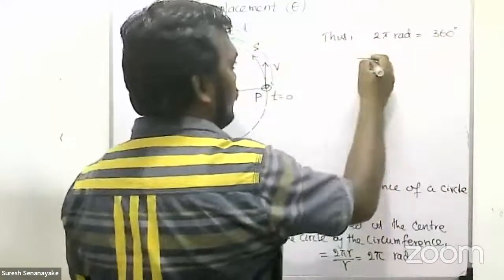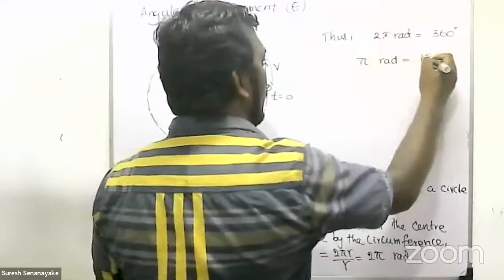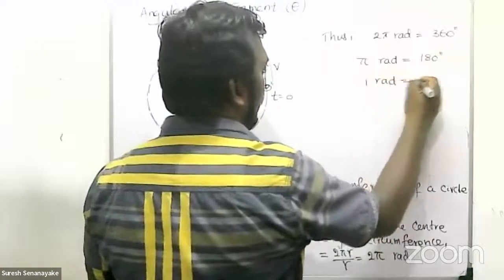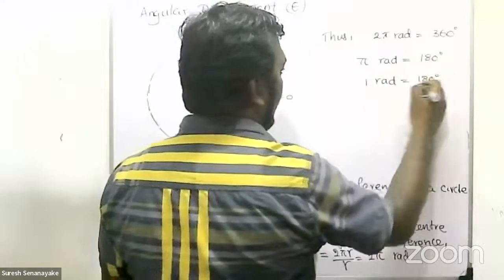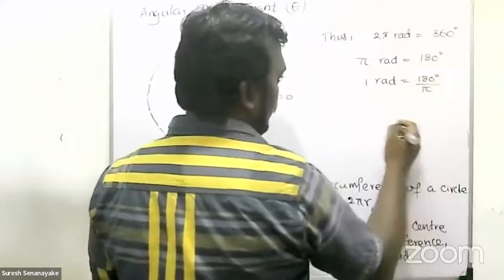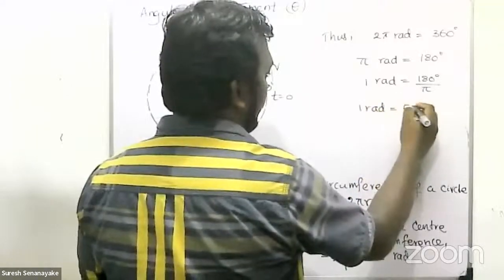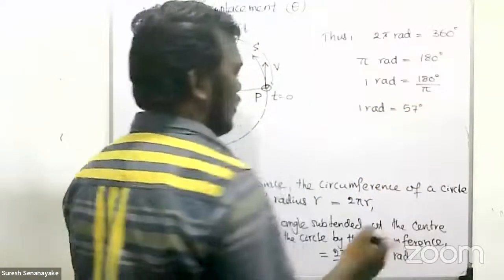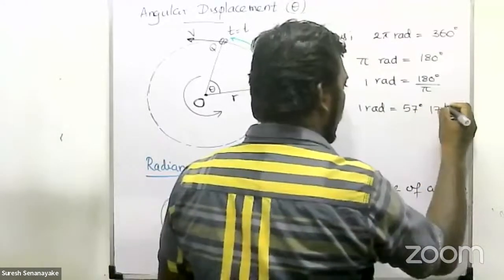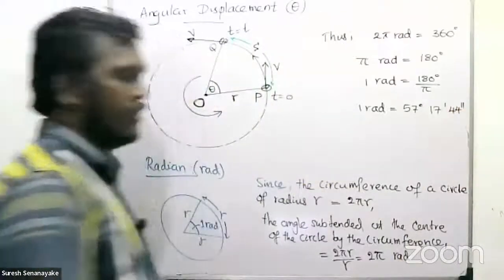Then pi radians equals 180 degrees. So 1 radian equals 180 degrees divided by pi. Pi is 3.14. So 1 radian is about 57 degrees 17 minutes and 44 seconds.